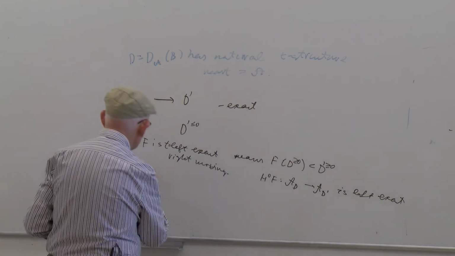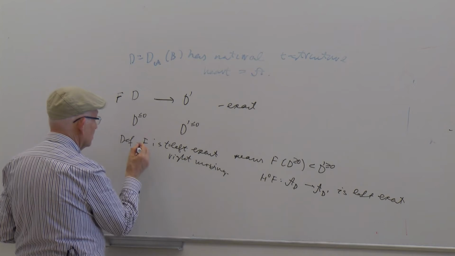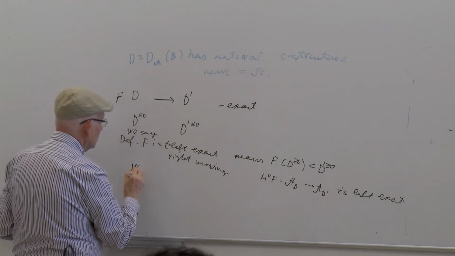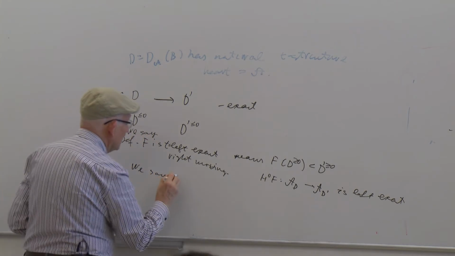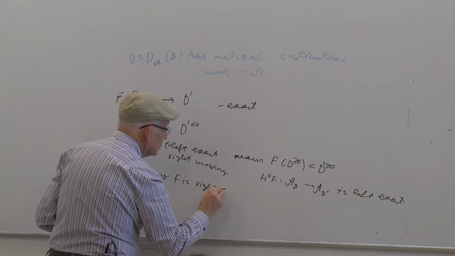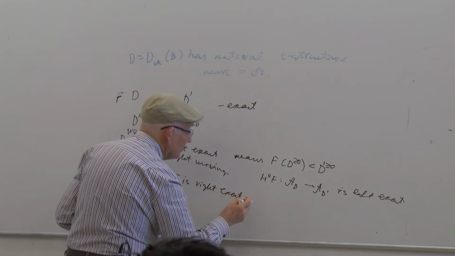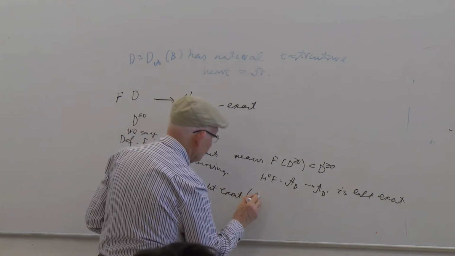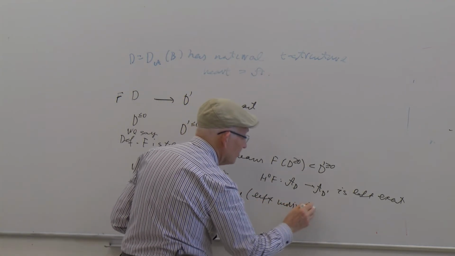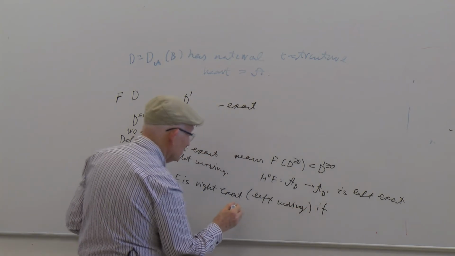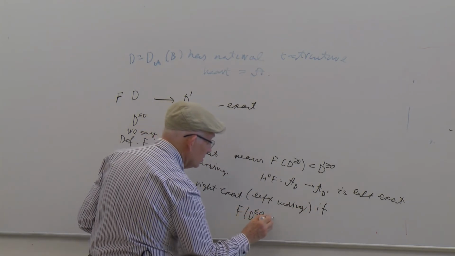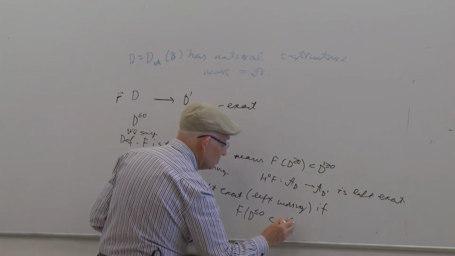And similarly, we say that F is right exact, or the same, left moving, if F of D≤0 lies in D'≤0.